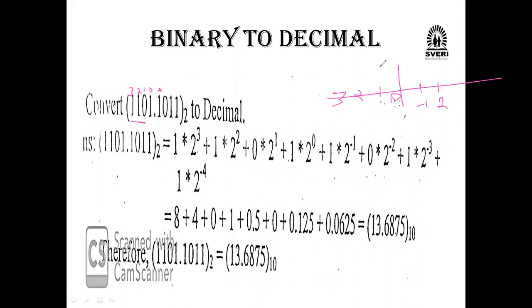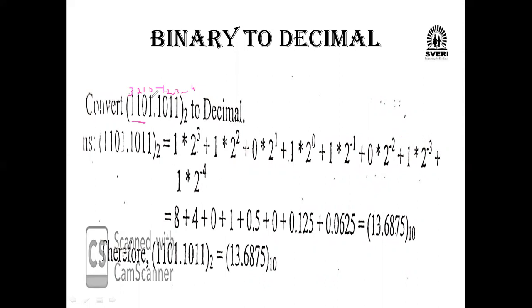The same thing we have to do in this place also. Here 0 is there, then we write -1 for this one, -2, -3, -4 for the next ones.